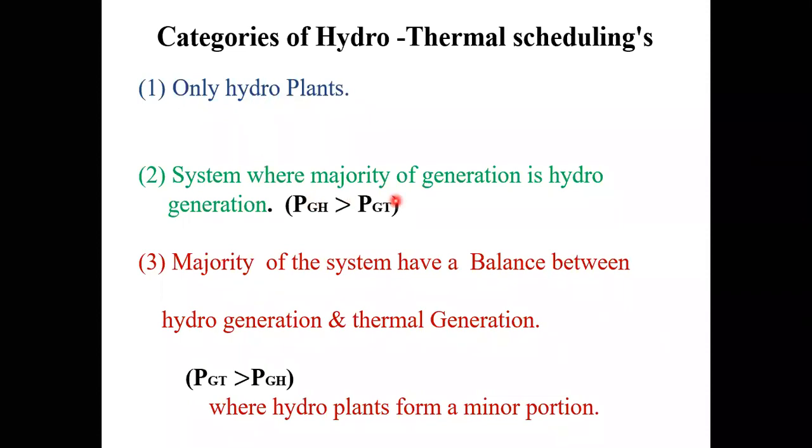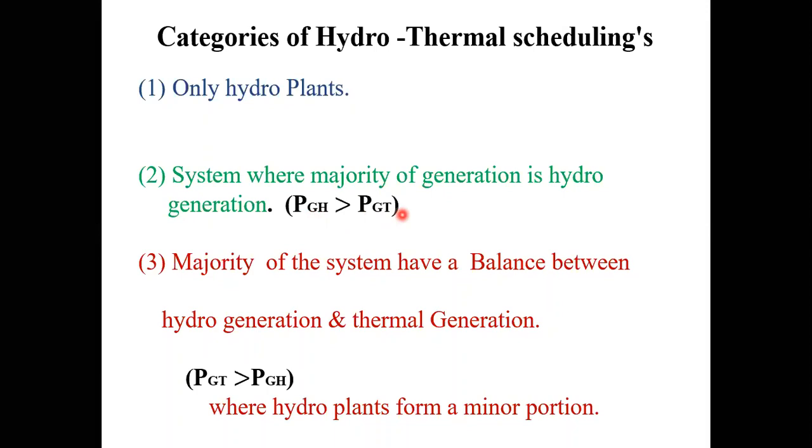And coming to the second and third, these two are a mixing of hydro and at the same time thermal. But the difference between the second one and third one is, when you are considering the second one, here PGH is more than PGT. PGH means hydropower generation, PGT means thermal power generation. Here, the assumption is that hydropower generation is more when compared to the thermal generation.